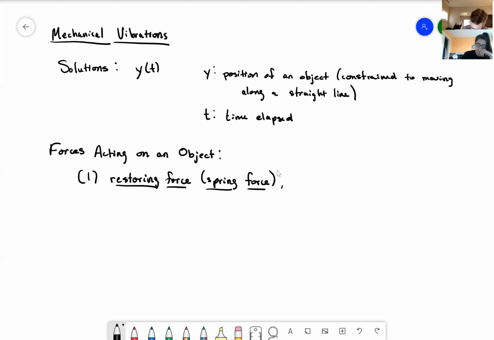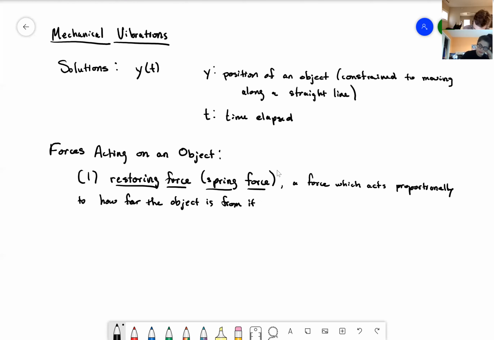This is a force which acts proportionally to how far the object is from its equilibrium position.